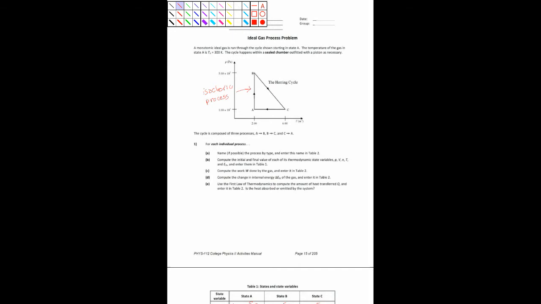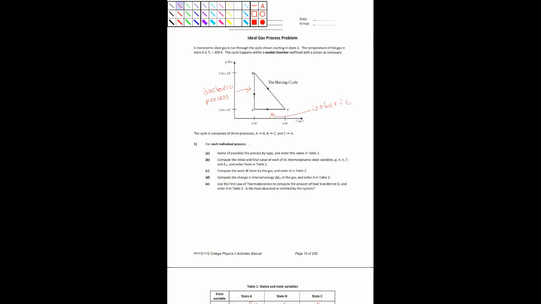An isochoric process is a process where we keep the volume constant. Now let's look as we switch from state C to state A. In that state we keep pressure constant, but the volume changes. So that part of the process is isobaric, or constant pressure.